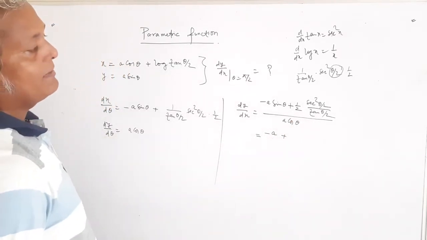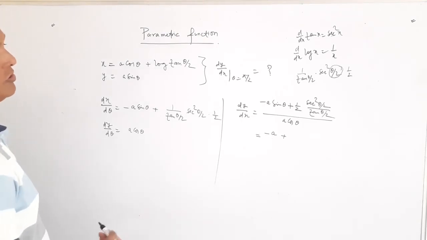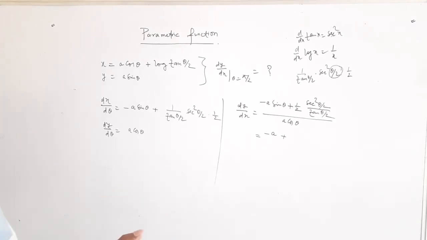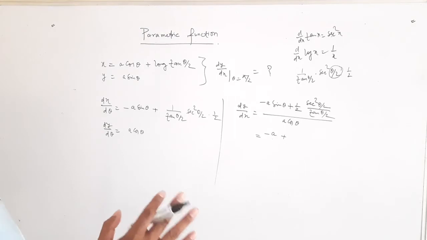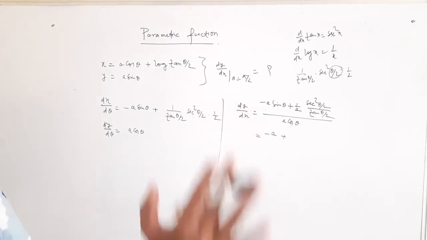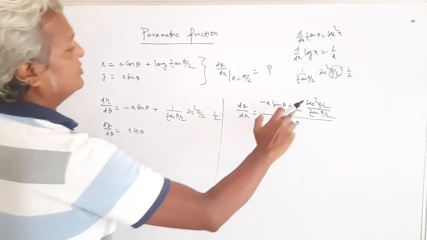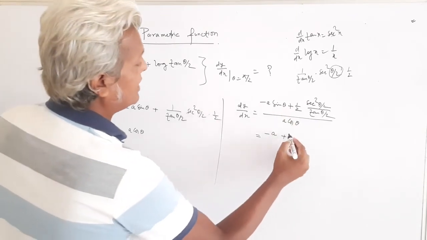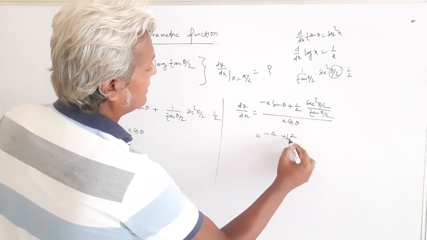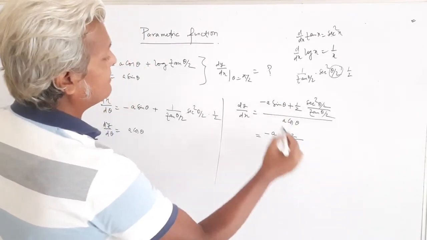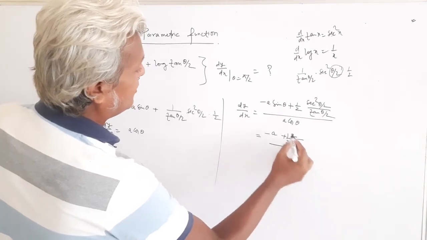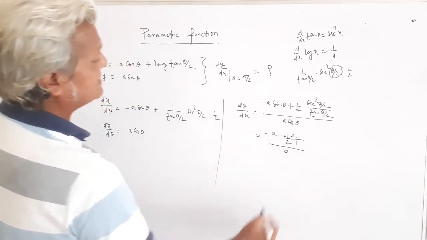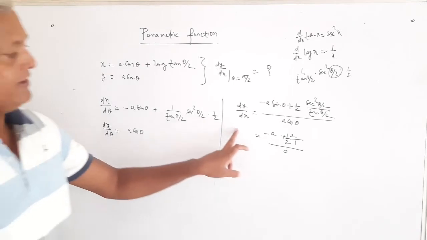Sec² π/4 is root 2 because cos π/4 is 1 over root 2. So sec π/4 is root 2. So root 2 square will be 2 and this is half upon tan π/4 is 1 upon cos 90 is 0. So here we are finding this 0.